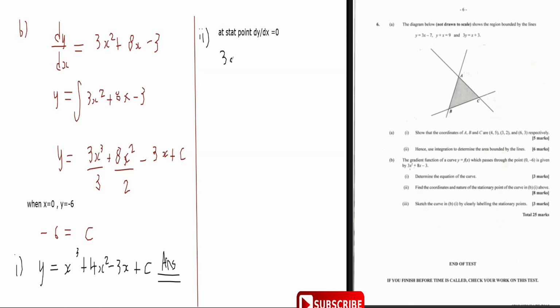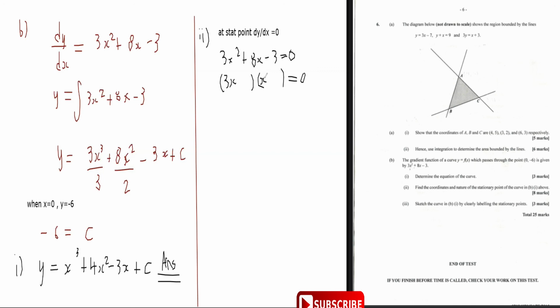Set 3x squared plus 8x minus 3, we'll set that equal to 0. We're going to just factorize it. So factorizing it, as we can see, we're going to get 3x and x.